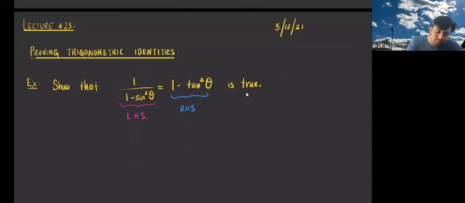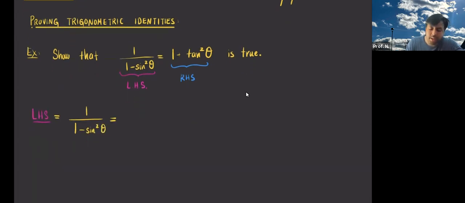In this case, I'm going to start with the left-hand side, because it is a bit more complicated. It's because you have a sine squared term in the denominator. What that leads me to believe is that I could do something further to simplify. So I'm going to simplify the left-hand side.